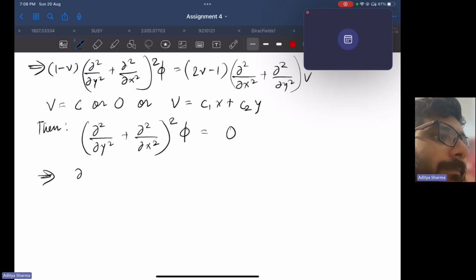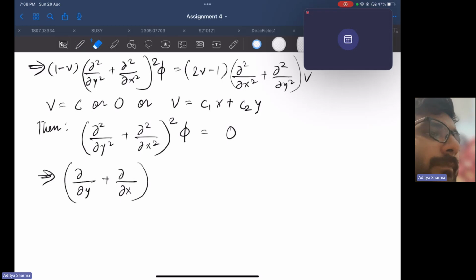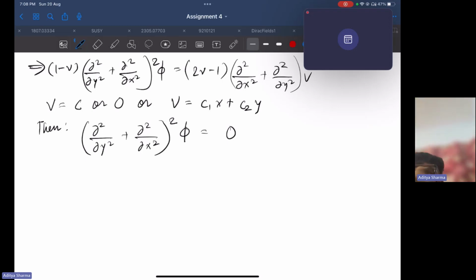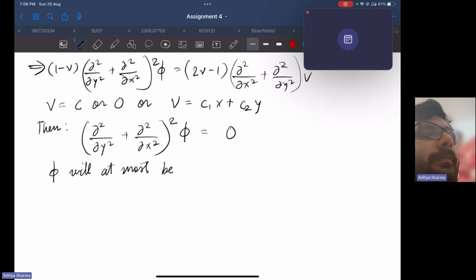This means that phi can at most be cubic in this case, right?